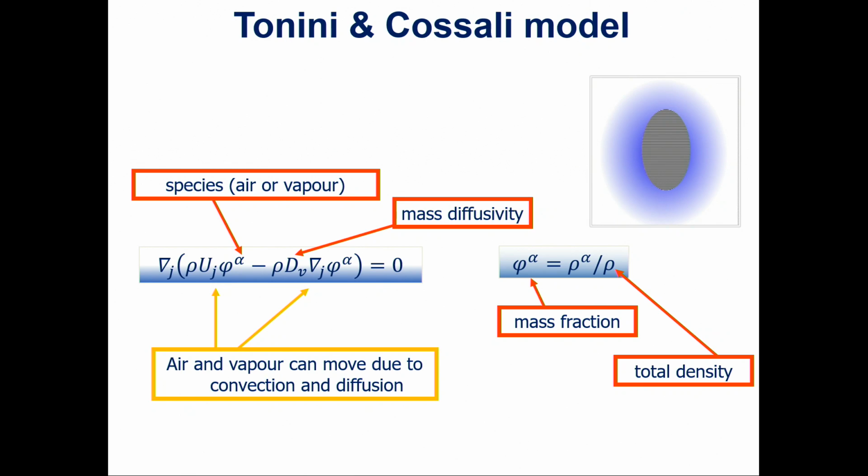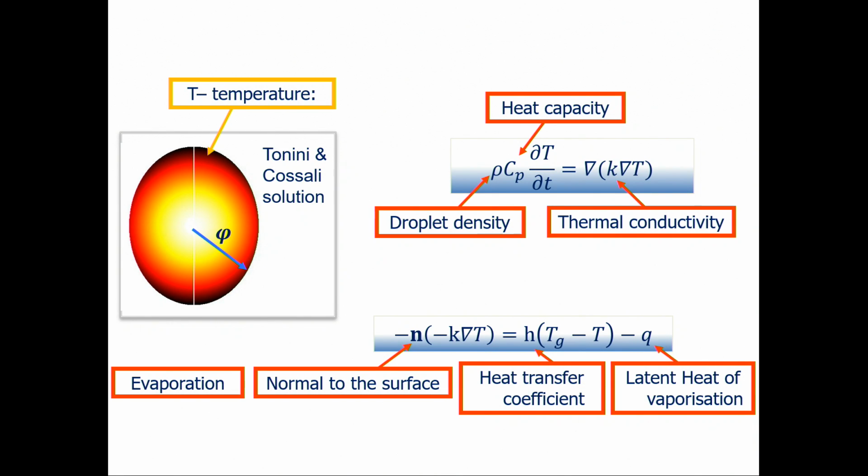These equations were solved by the Italian group, and under certain additional conditions they obtained expressions for the normalized evaporation mass flux at the surface of the droplet, which turned out to be a function of the eccentricity parameter. What we tried to do was use the solution obtained by the Italian group as the boundary condition for the solution to the equations for heat transfer inside the droplet.